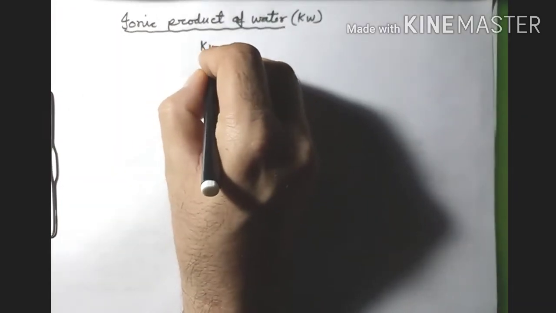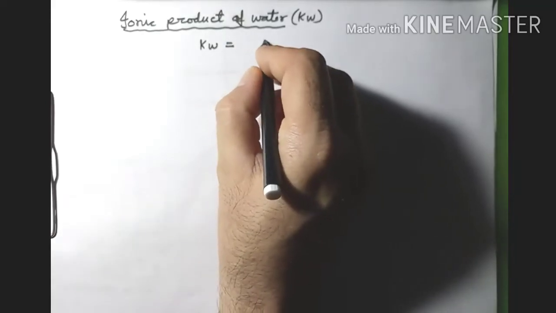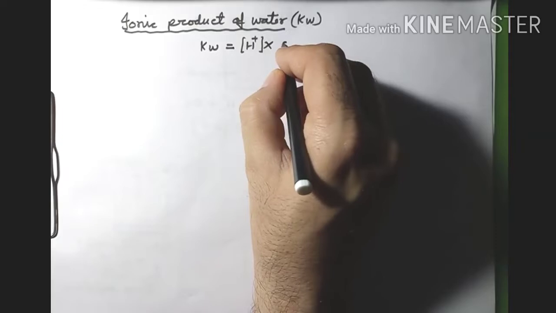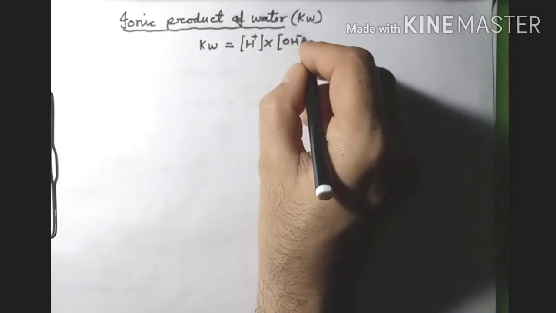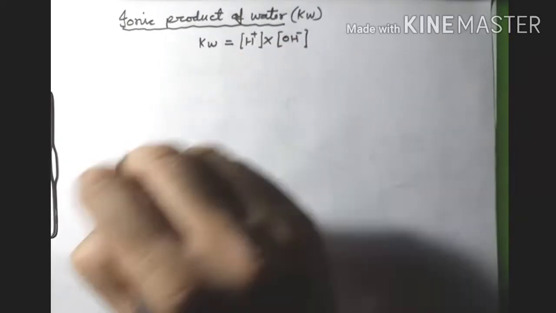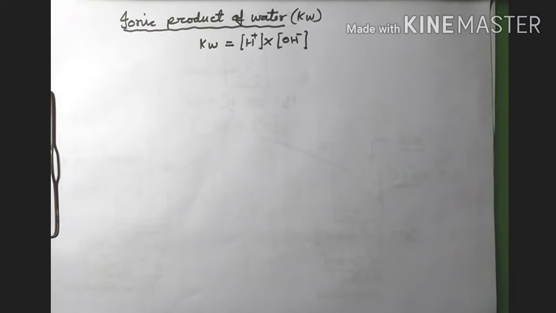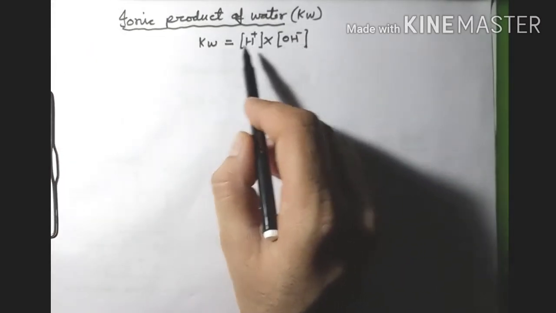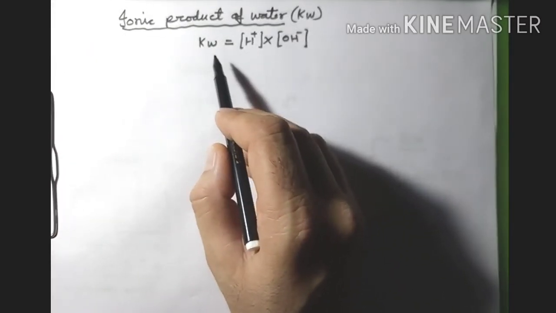So Kw will be equal to the product of H plus ion and OH minus ion concentrations in any solution, whether the solution is acidic, basic or neutral.